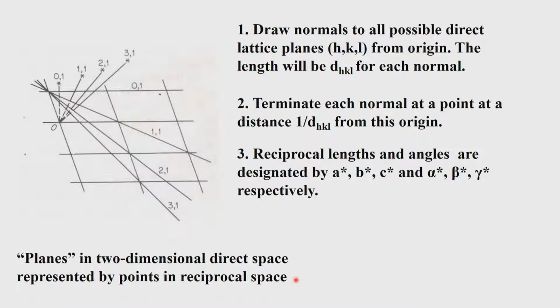Here again this diagram is making it more clear that diffraction from a plane is essentially like reflection. When X-rays fall on a plane, any point on that plane on which it falls will scatter at the same phase, and as a result the scattering direction is determined, and that scattering direction now is fixed at 1 over d of HKL, which forms a point, and that is the reciprocal lattice point.